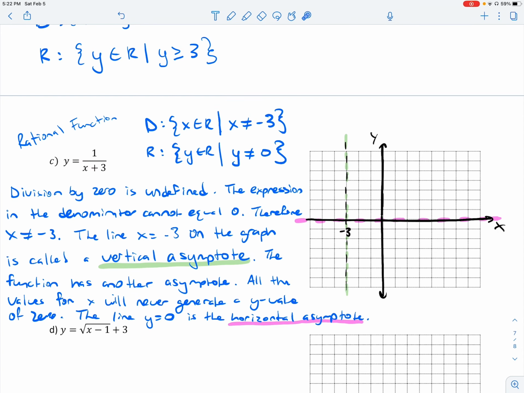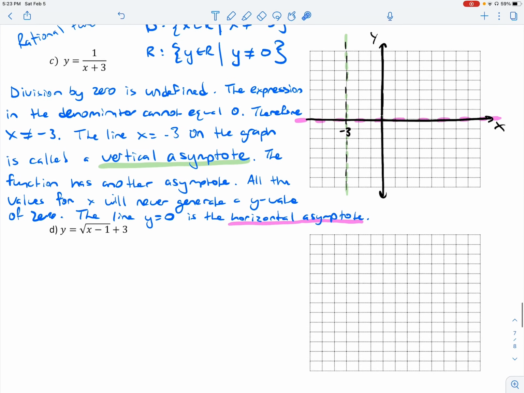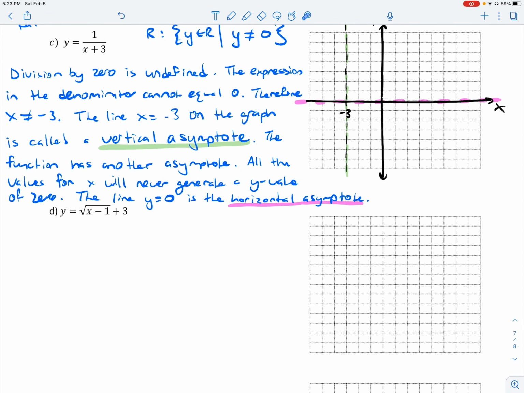Anything is allowed except -3. And in doing so, the result of that, my y values that are going to come out can be anything except 0. Why can't they be 0? Well, 1 divided by something can never equal 0. Okay, if you can come up with something where 1 divided by a number gives you 0, then go ahead and let me know, but I know it does not exist.